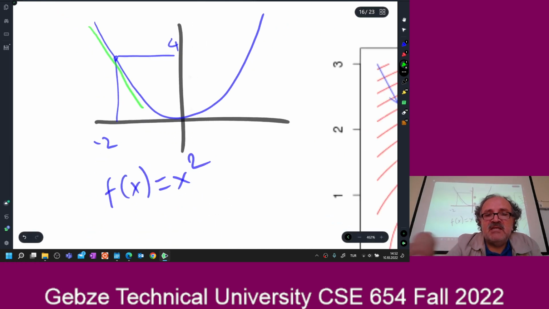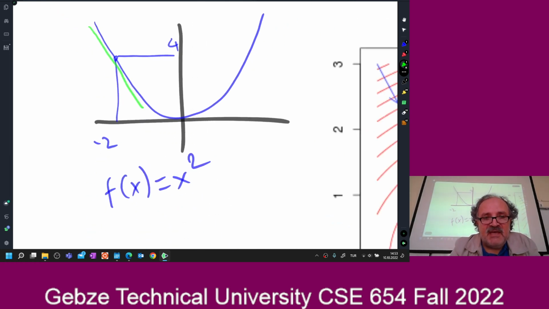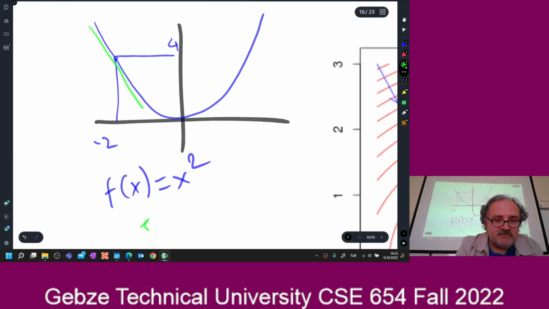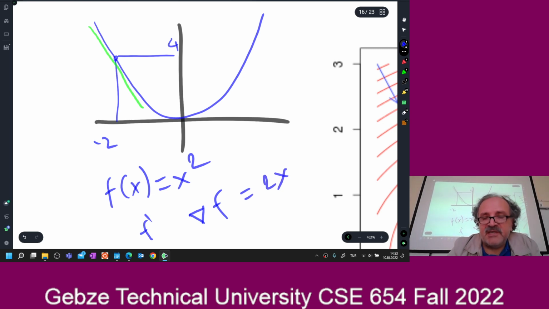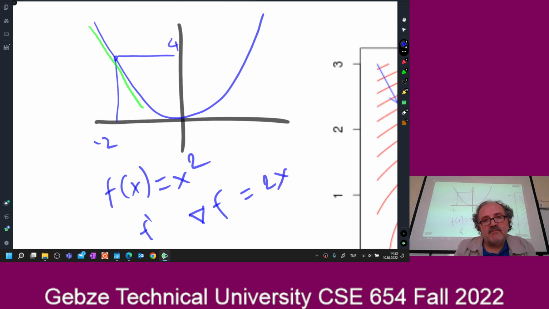So let's take the derivative of it. The derivative is f prime, but for our case I am going to use this gradient operator, and it is 2x.